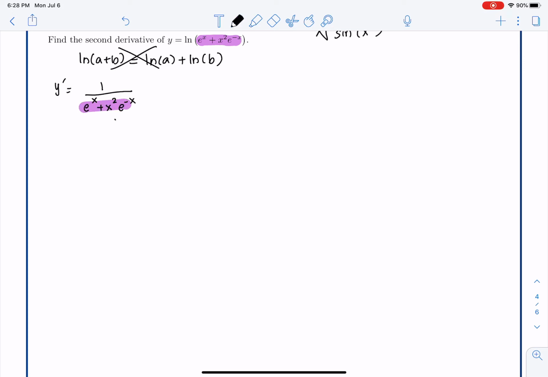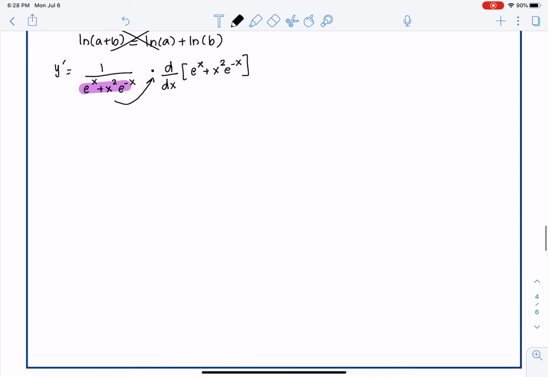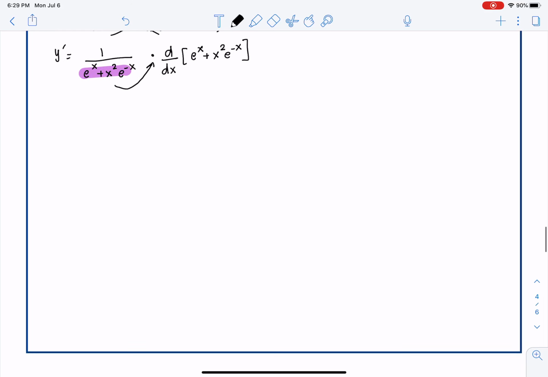But we have to multiply by its derivative, since it's not just x, rather a function of x. So we have e raised x plus x squared e raised negative x. So we have to find that derivative. I'll do that separately.